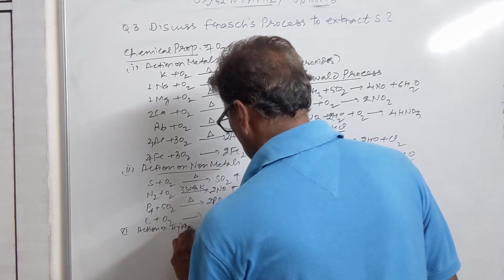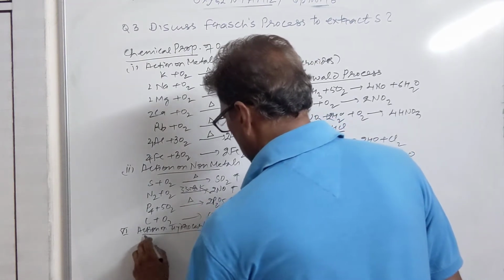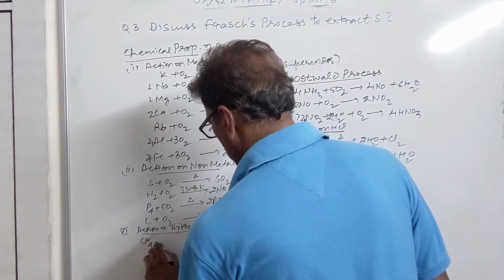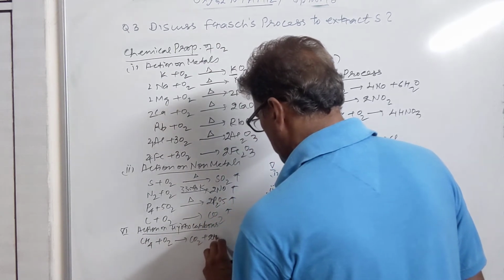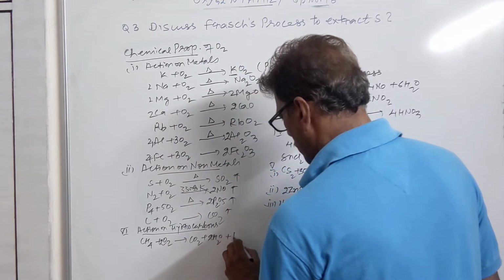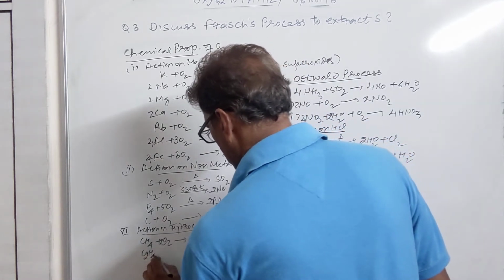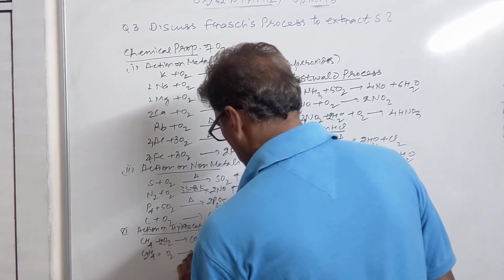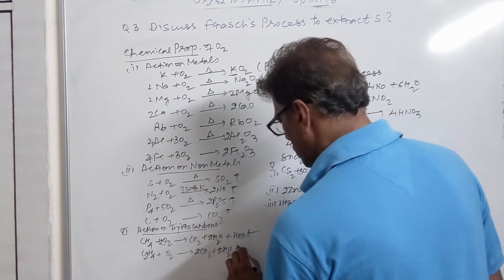All the hydrocarbons, whether they are alkenes or alkynes, combine with oxygen, releasing a large amount of energy. They combine with ethylene plus heat.